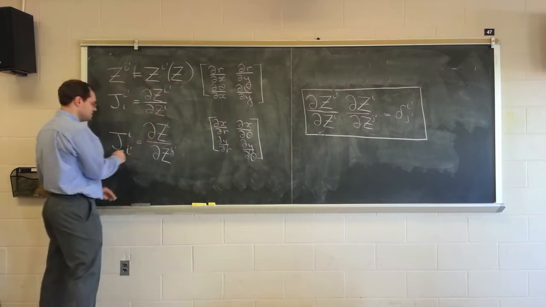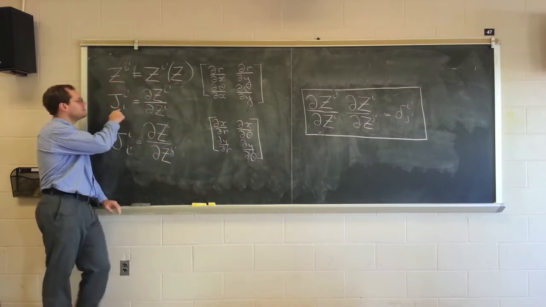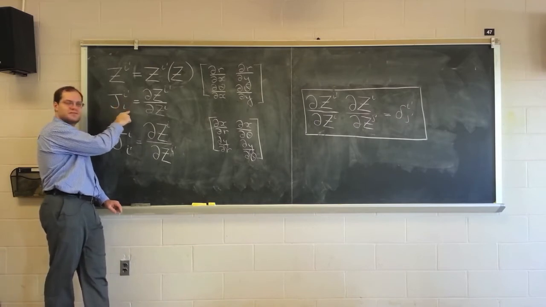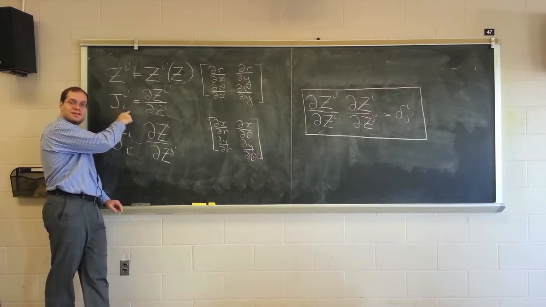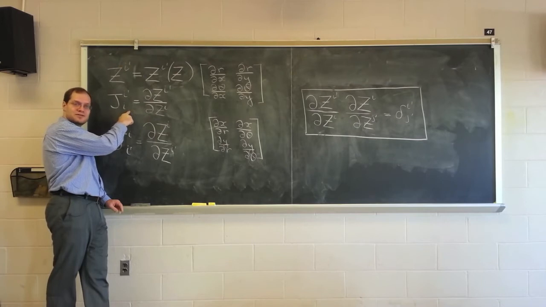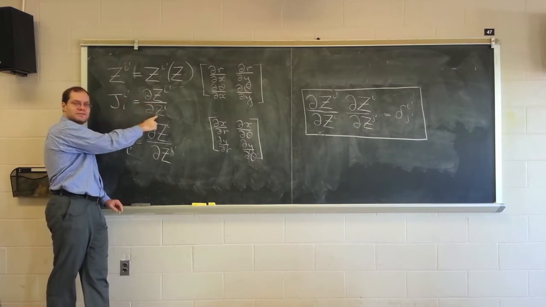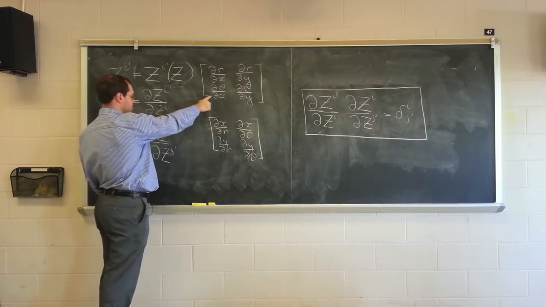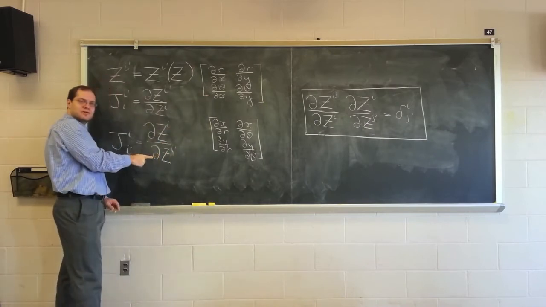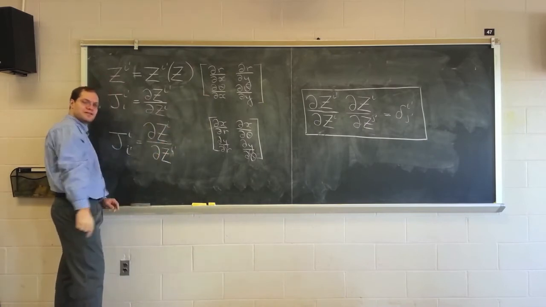When I get back to these expressions, I always tell myself, these are naturally functions of old coordinates. I'm calling the unprimed coordinates the old coordinates, and the primed coordinates the new coordinates. So when you evaluate this Jacobian by partial differentiation, you will have a function of x and y, and when you evaluate this Jacobian, you will have a function of r and theta.